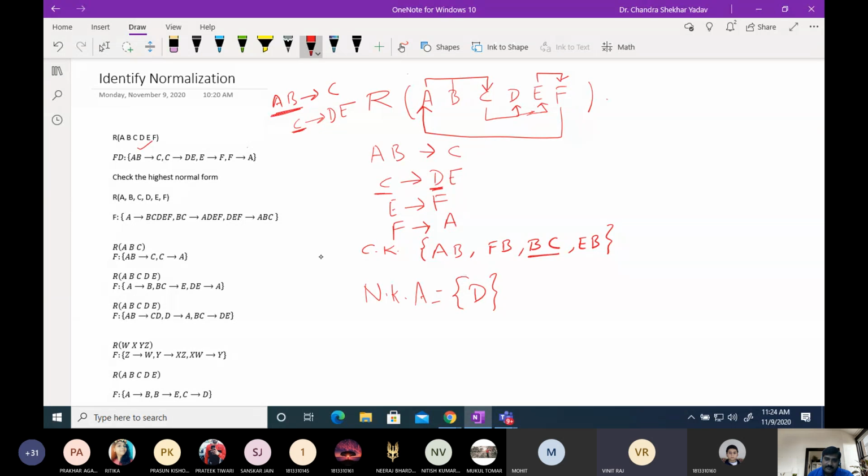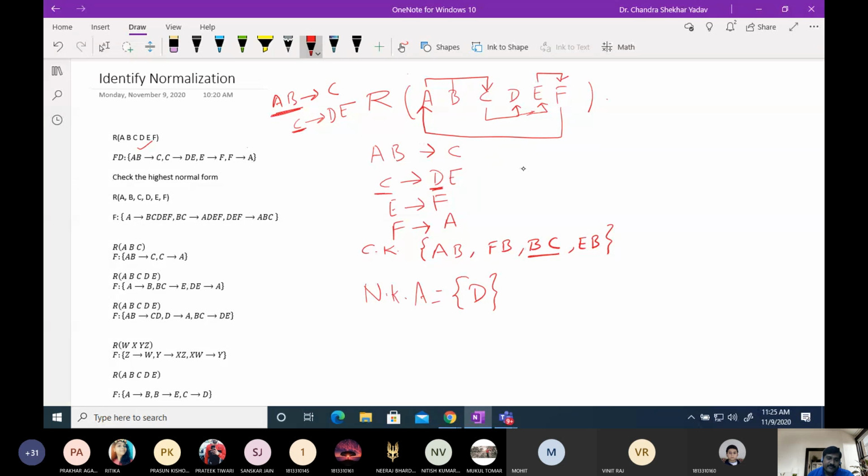So if any functional dependency doesn't satisfy the constraint of third normal form or second normal form, then we will say that the relation is not in that specified normal form.